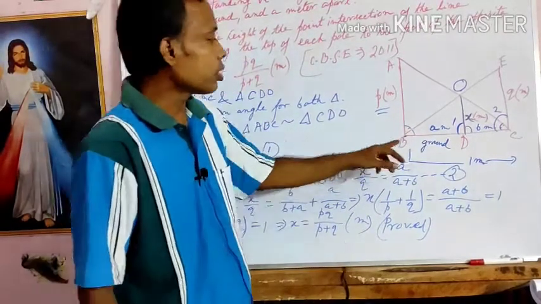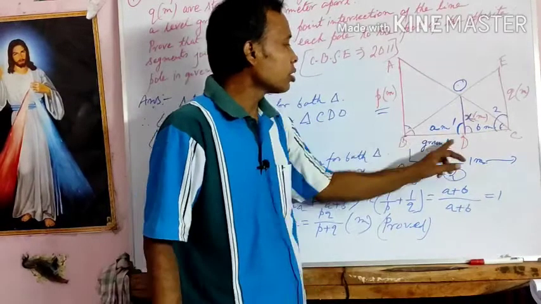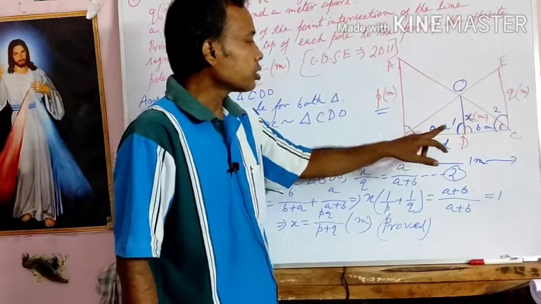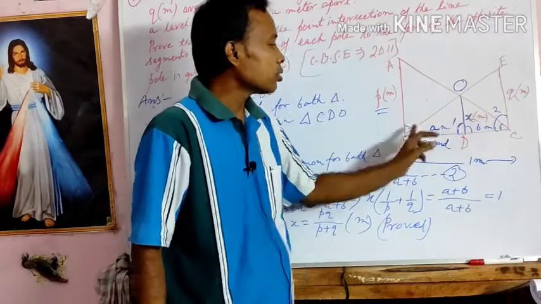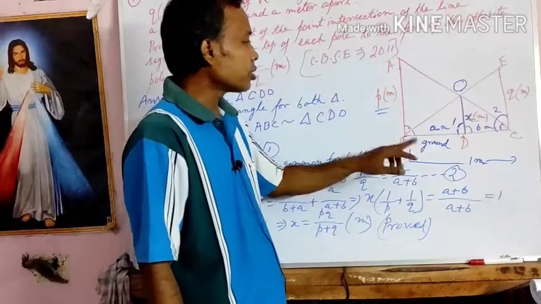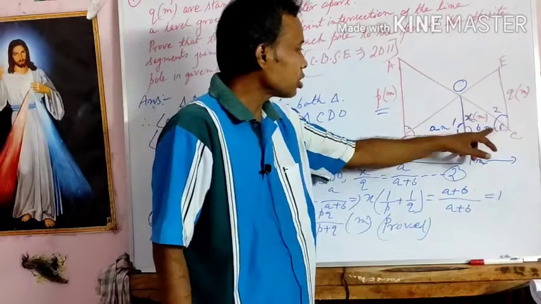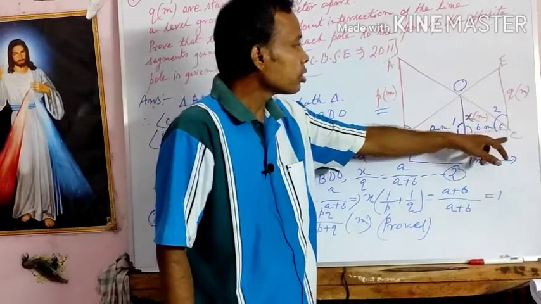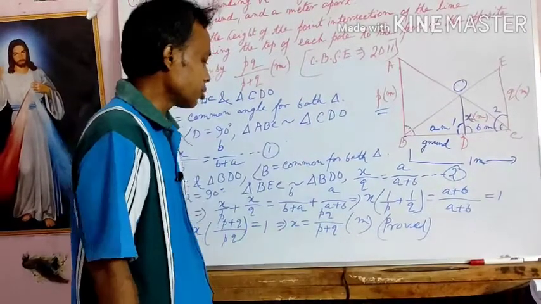Take another two triangles, BOD and BEC. The two triangles are similar because B is common for both the triangles, and this is 90, this is 90. Since the two triangles are similar, the ratio of sides will be the same. So BD by BC is equal to DO by EC. Then we will get equations 1 and 2.